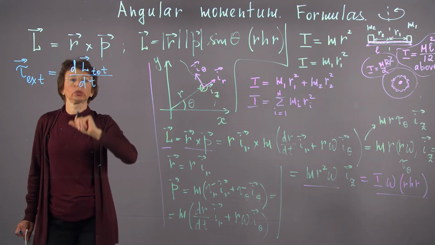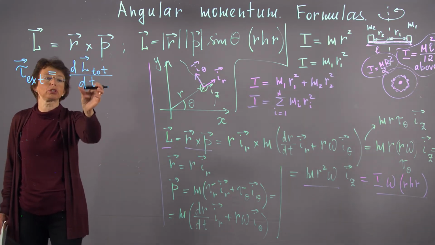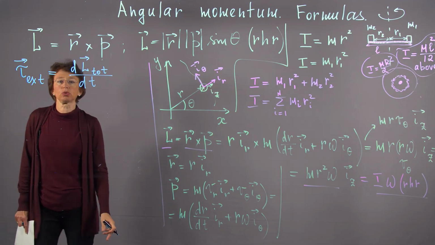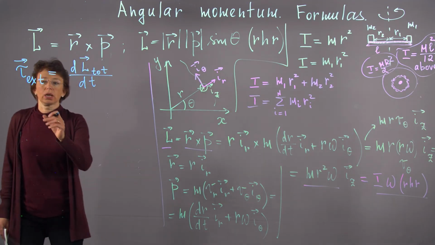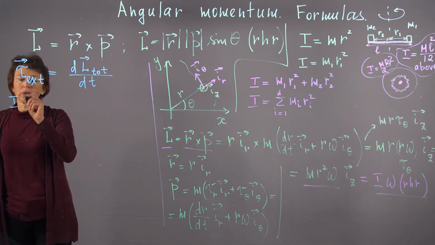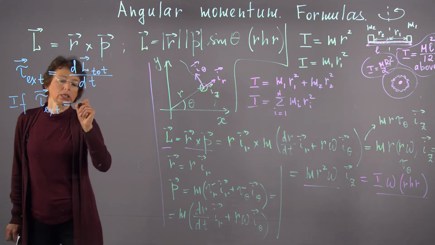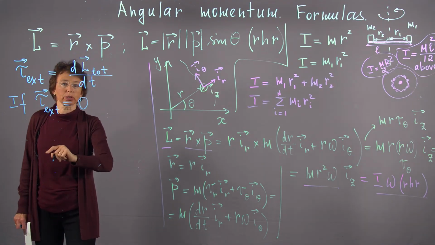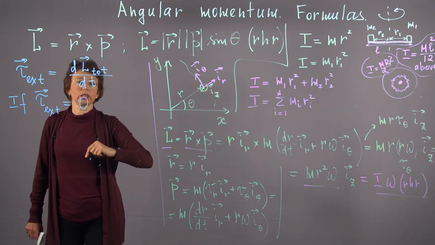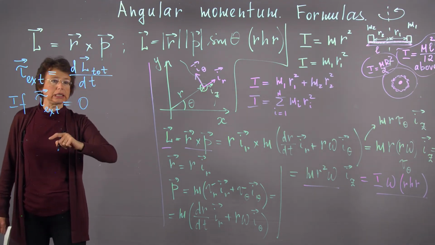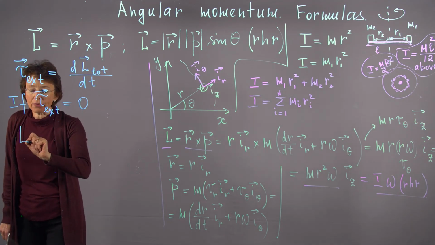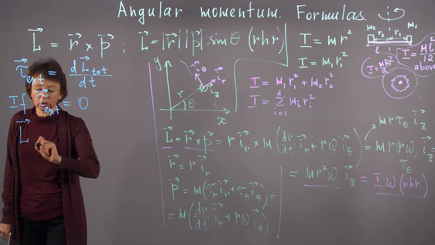The change in the total angular momentum of the system is equal to the external torque. What happens now if tau external is 0? If tau external is 0, then the derivative dL total dt is 0, and I have conservation of angular momentum.